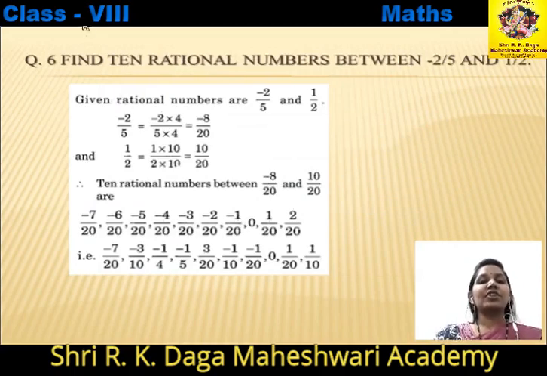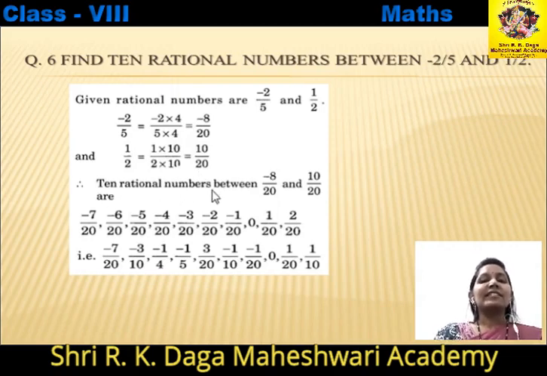In the last question, we want to find 10 rational numbers between minus 2 by 5 and 1 by 2. So first we will make the denominator the same. That's why we will multiply minus 2 by 5 by 4 and 1 by 2 by 10. So minus 2 into 4 is minus 8 and 5 4s are 20, 10 1s are 10, 10 2s are 20.